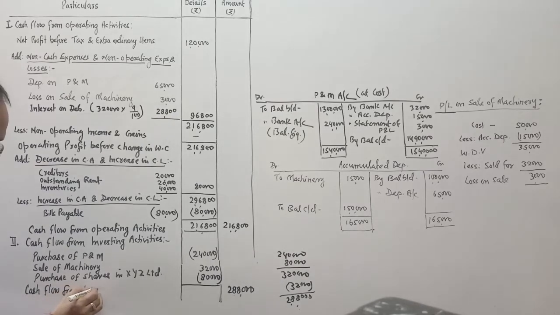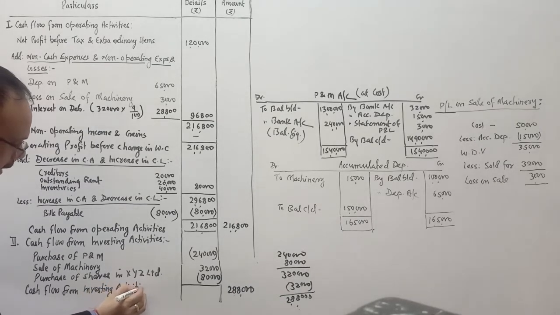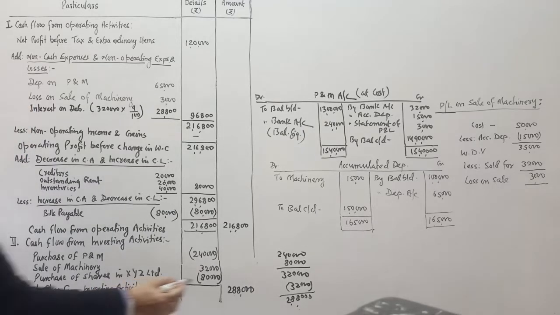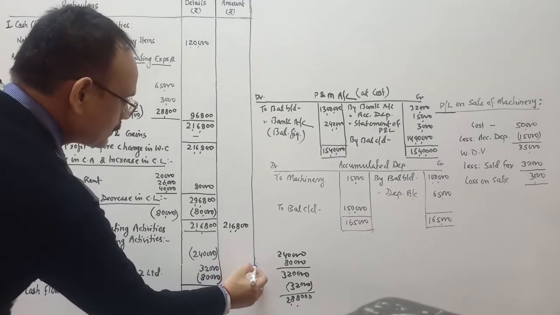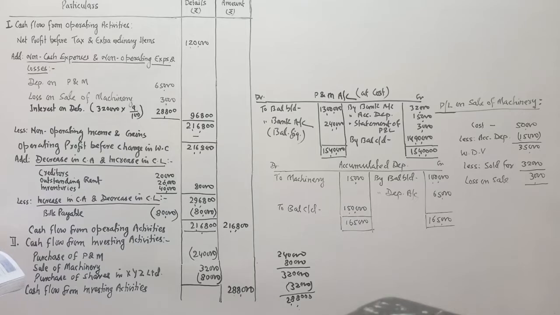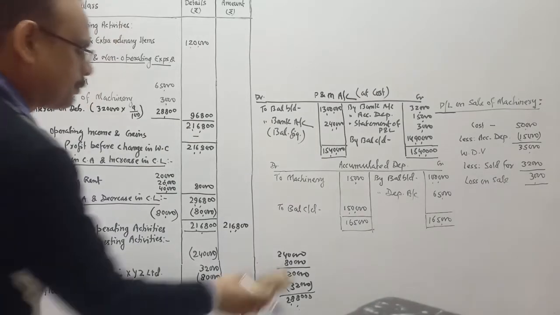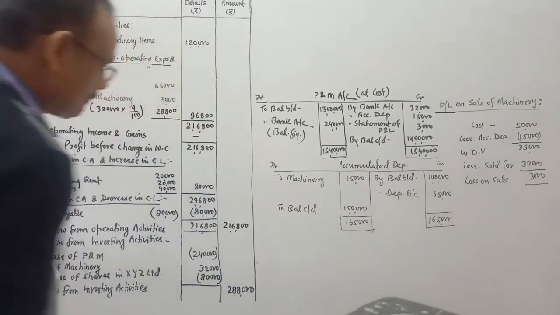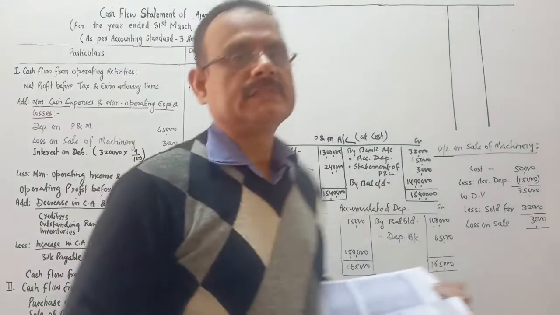Is it clear? 2,88,000 is the cash flow from investing activities.